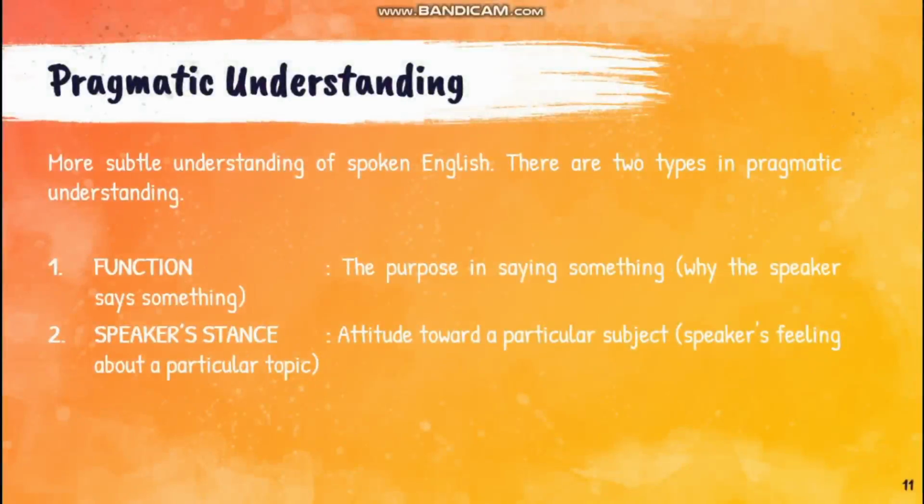Next type is pragmatic understanding, a more subtle understanding of spoken English. There are two types in pragmatic understanding. First is function, the purpose in saying something, or why the speaker says something. Second is speaker stance, the attitude towards a particular subject or the speaker's feeling about a particular topic.